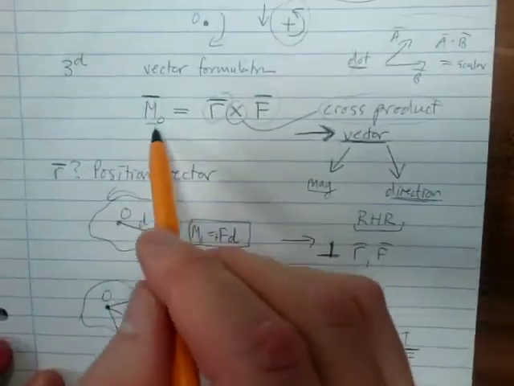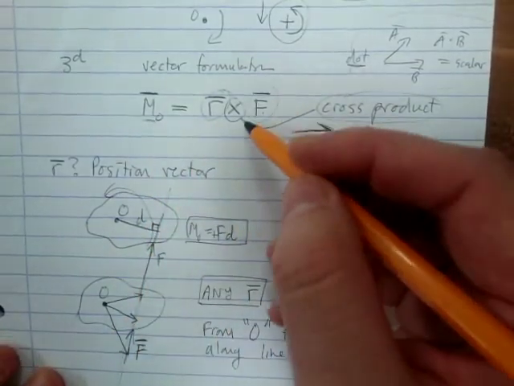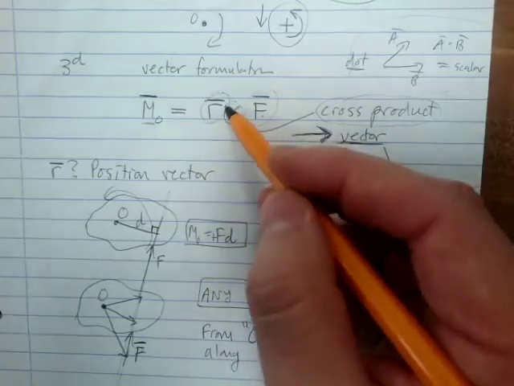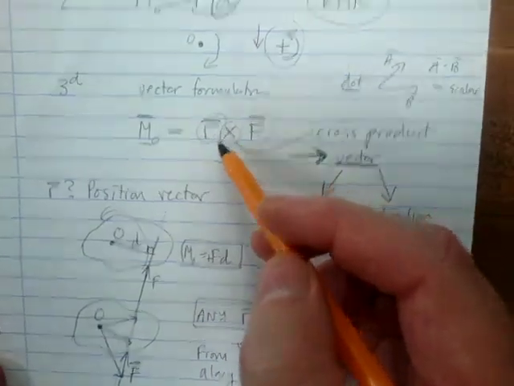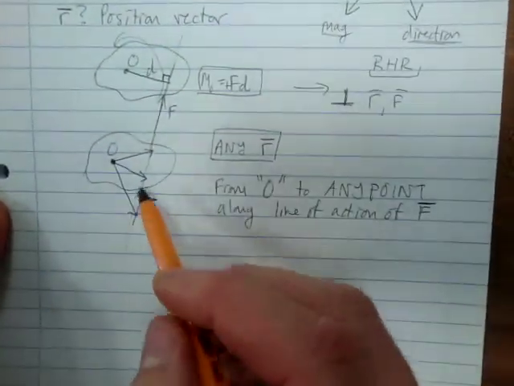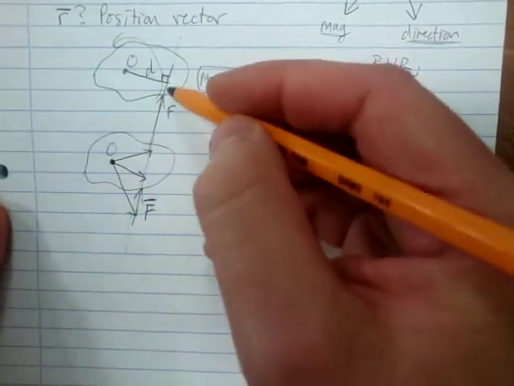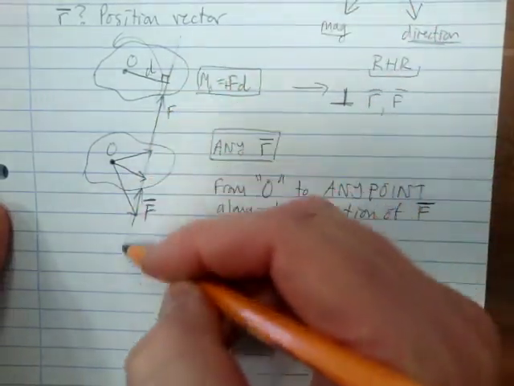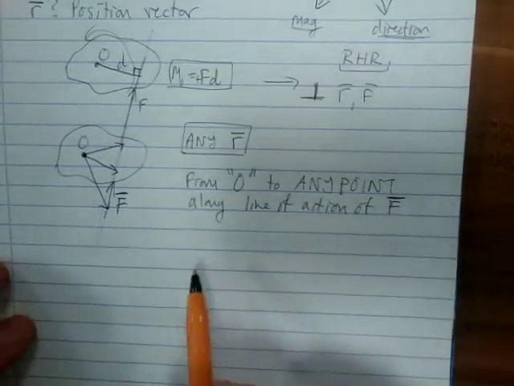When we are working with our vector formulation and we're trying to calculate our moment, we need a moment arm. Remember, this is the vector formulation of the moment arm. It is a position vector. In scalar, it's a moment arm D, but in vector formulation, I need a position vector from the point O to any point along the line of action of F. We'll see an example and then you'll see what we mean by this.